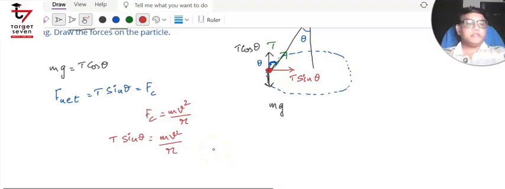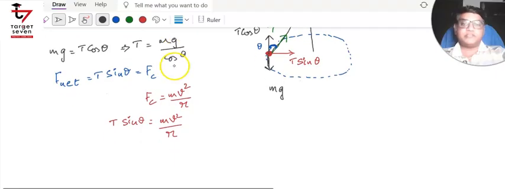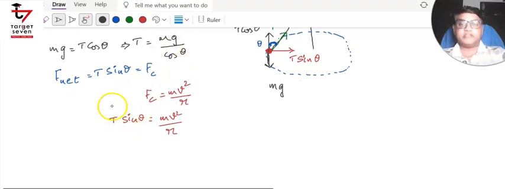Now, depending on the question, we can extend this further. We can say that mg is equal to T cos theta, indicating that T is equal to mg upon cos theta. Now that we have T equal to mg upon cos theta, that can be substituted here.